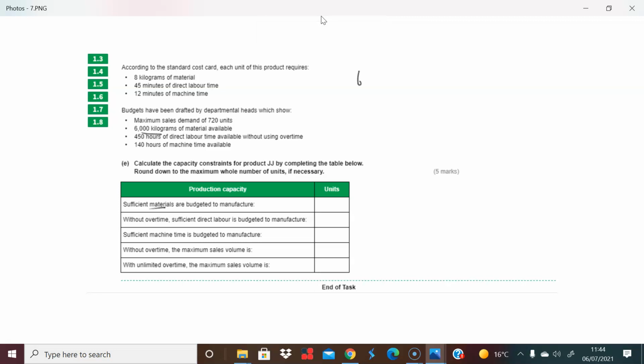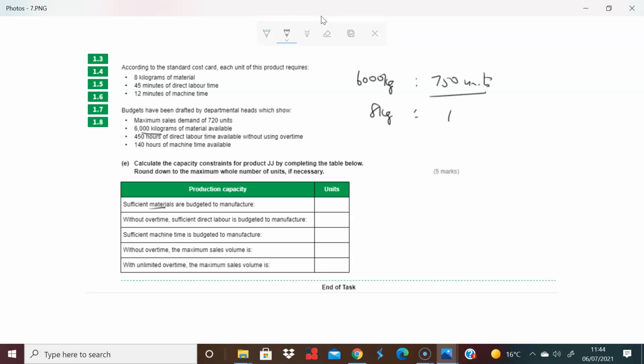Since you have 6,000 kilograms available, and you need 8 kilograms to make 1 unit, dividing 6,000 by 8 brings you to 750 units. So with all the material you have available, you can make 750 units.